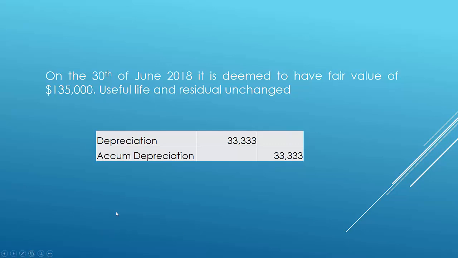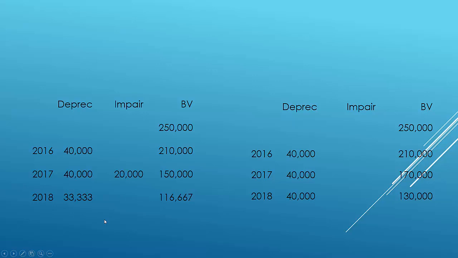So let's think about what happens now. What we can see on the left of the screen is what's recorded in the financial statements now. We started off at $250,000, we reduced it by depreciation of 40 and then another 40 and an impairment of 20, which gives us a book value of $150,000.